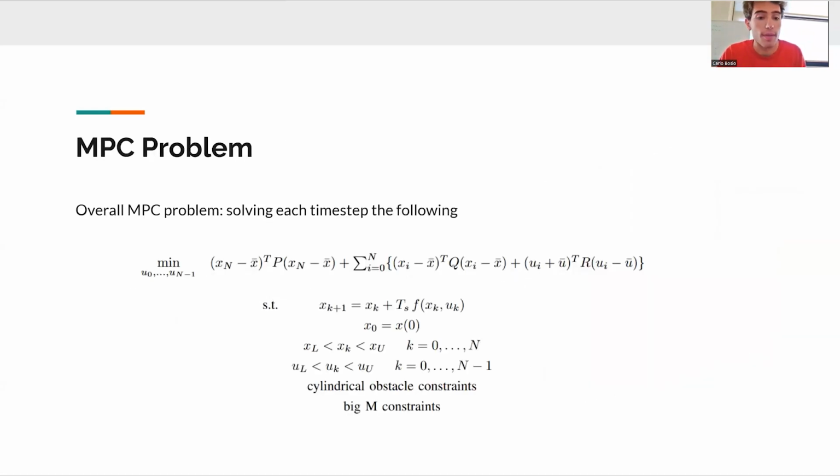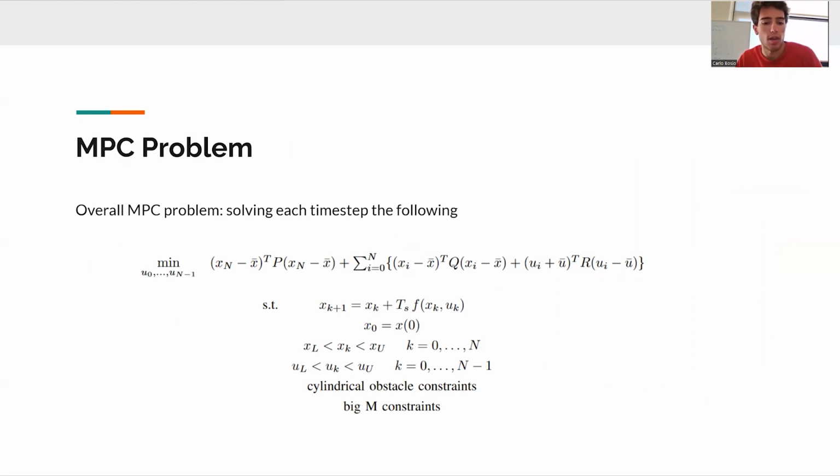We formulate the MPC problem as an iterative solution of the CFTOC problem, which you see in the slide. It's a standard tracking problem where X bar is the predicted location of the target UAV, and U bar is computed as the steady state solution of the dynamics using the target UAV position.